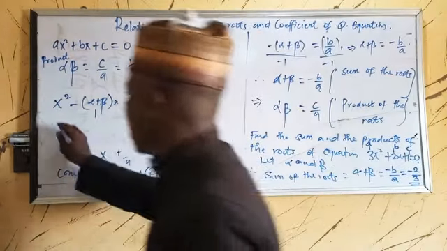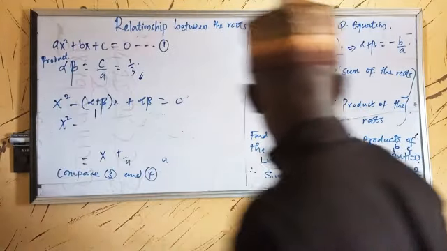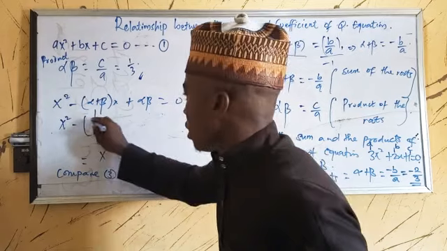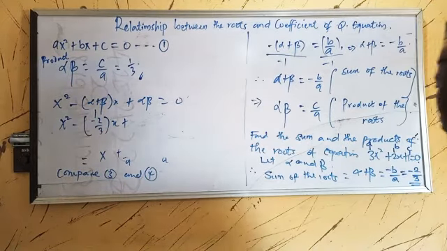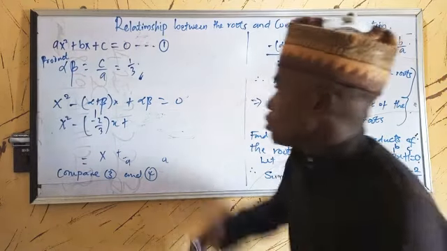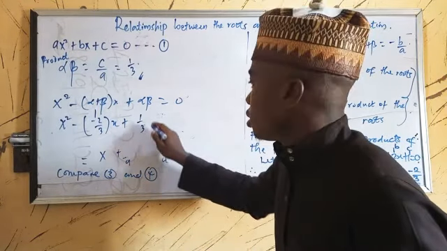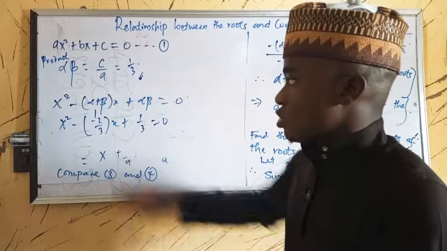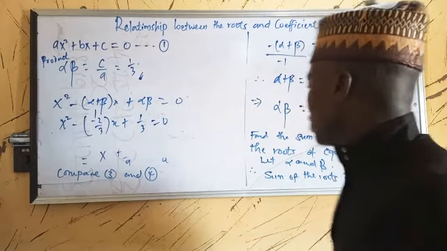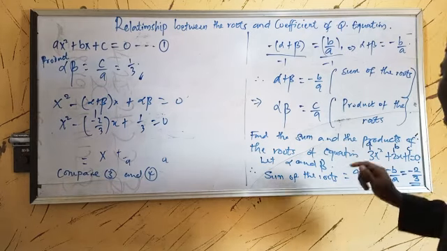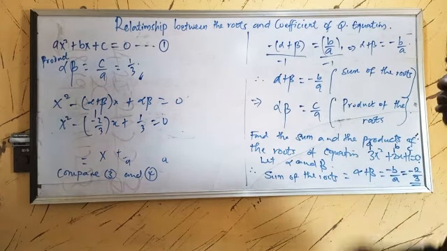That is x squared minus the sum, minus 2 over 3 x, plus alpha beta, that is the product, 1 over 3, equals 0. If we try to combine this together, you see that we are going to arrive at the equation given to us.